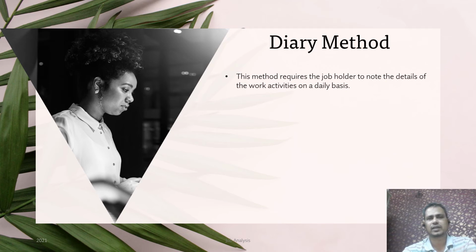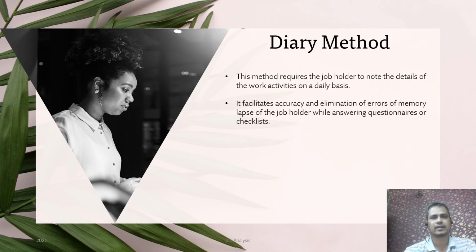Based on the work and the activities involved in the job, you ask the job holder to keep recording the elements of the job in the diary. Right? Now, here the point is that you are getting very accurate information, because as and when the work happens, the person records that work.